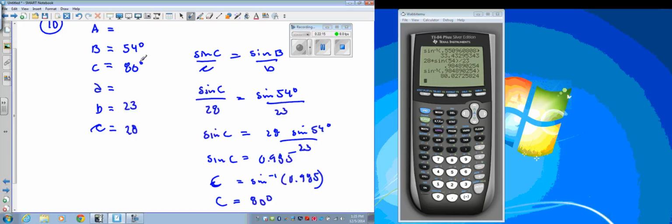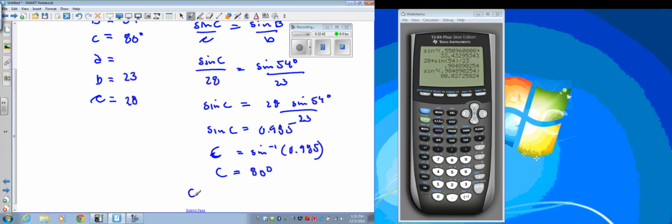Now the question is do I have another triangle? And the angle that will give me this value here is 20 degrees, right? No, it's 100 degrees. The C2 that I can get is 180 degrees minus 80, which is 100.